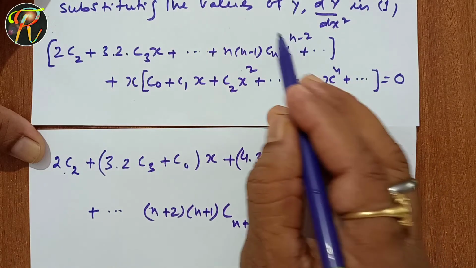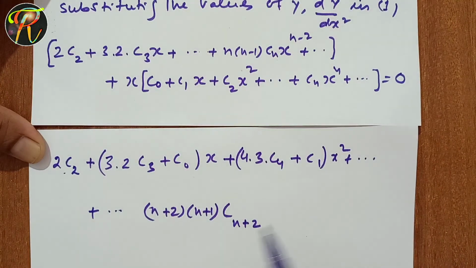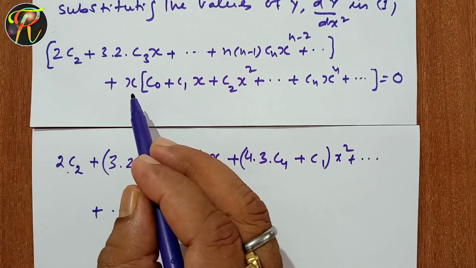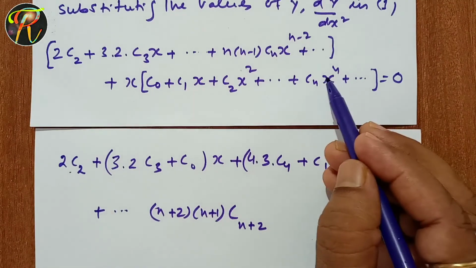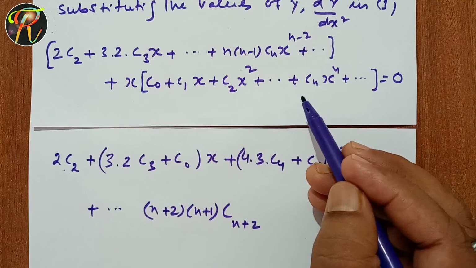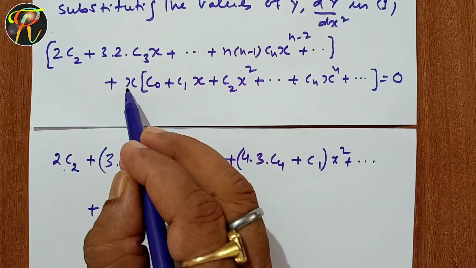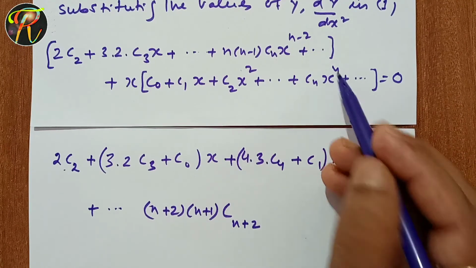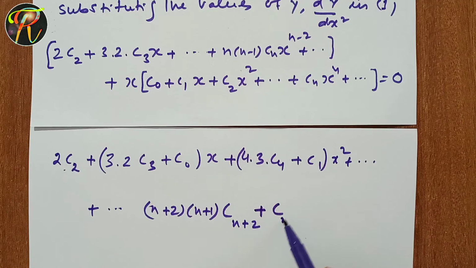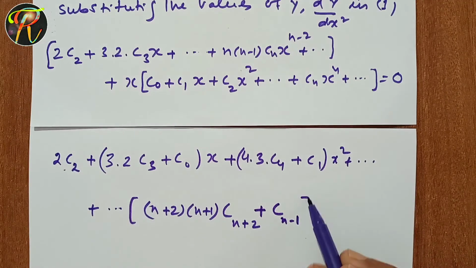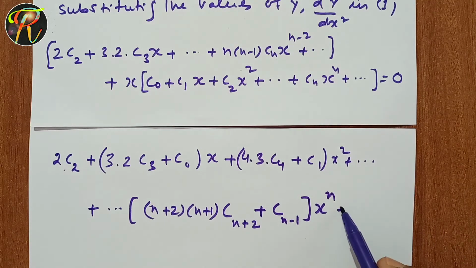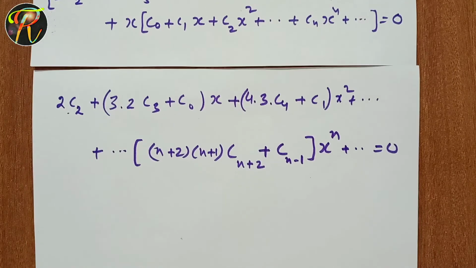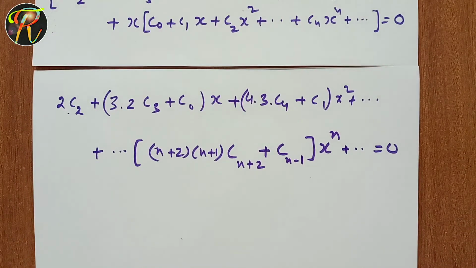So plus (n plus 2)(n plus 1) c(n plus 2). Here the x multiplied gives x to the power n plus 1, so we put n equal to n minus 1, giving plus c(n minus 1), which is the coefficient of x to the power n, and so on, equal to 0. Calculate the coefficient of x to the power n very carefully.